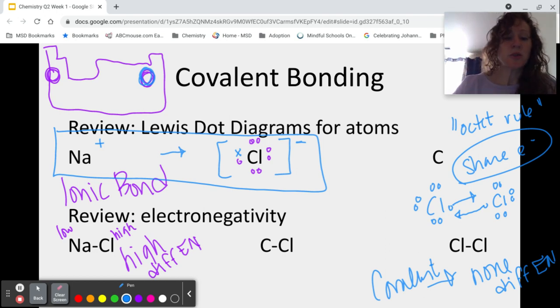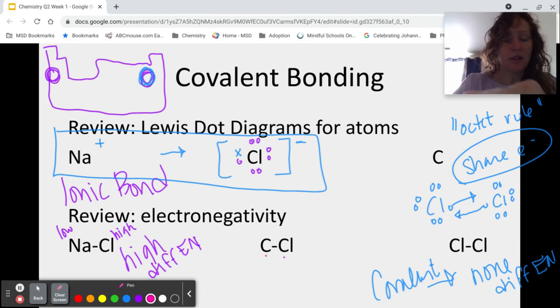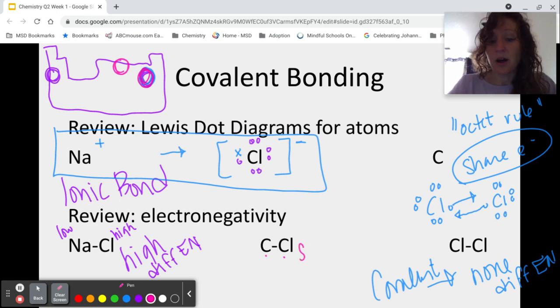But let's return to this last example here, carbon and chlorine. So carbon and chlorine, carbon's going to be about here on the periodic table. Chlorine's going to be about here. So they're kind of close together. What can you tell me about their difference in electronegativity? It's going to be small.